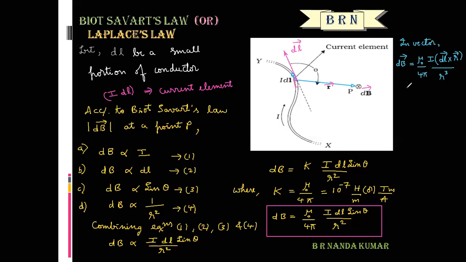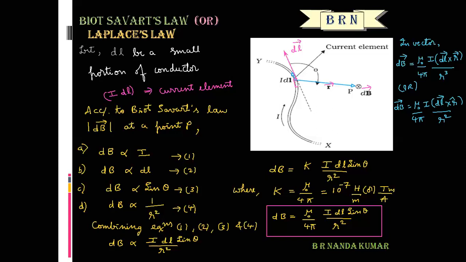Okay, and this can also be written in the form of dB vector is equal to mu naught divided by 4 pi I of dl vector cross r cap divided by r square. So this is another form of Biot Savart's law in vector form.